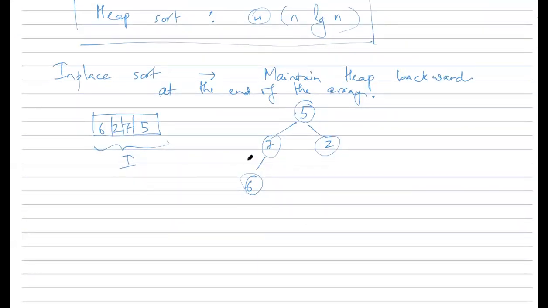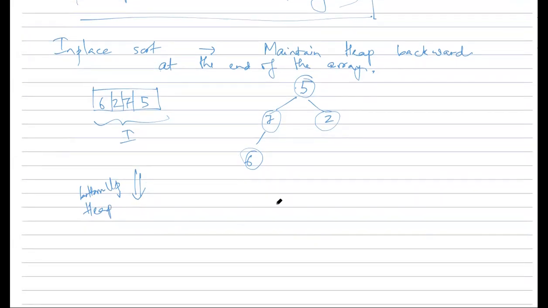So suppose this is some random order in which we are throwing into the heap, then after applying the bottom up heap, we will get essentially 2, 5, 6, and then 7.